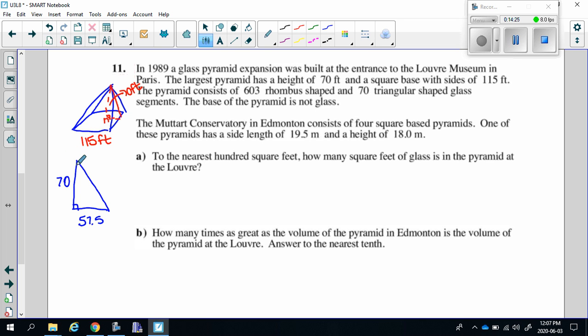So now I can find the hypotenuse. So let's do that. I'm going to call this s.